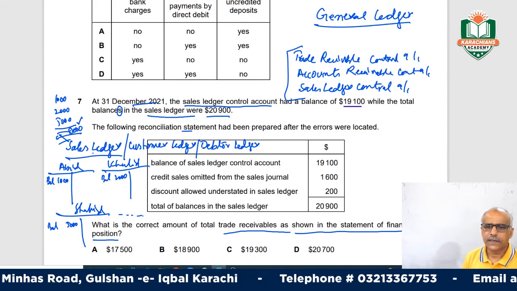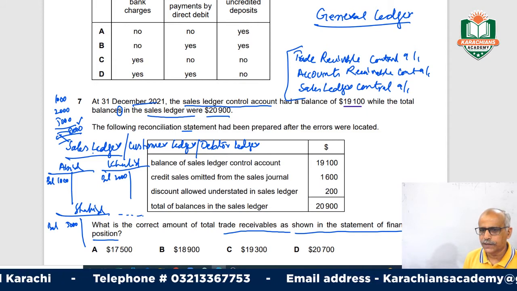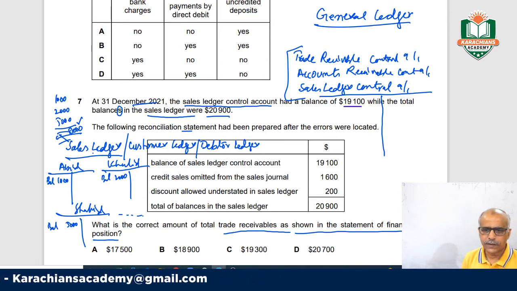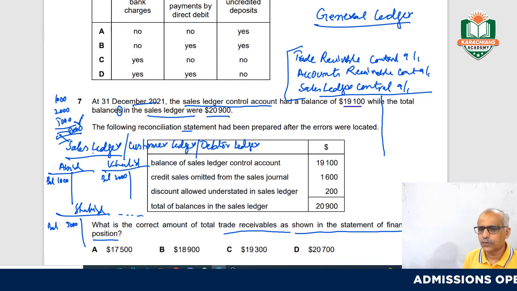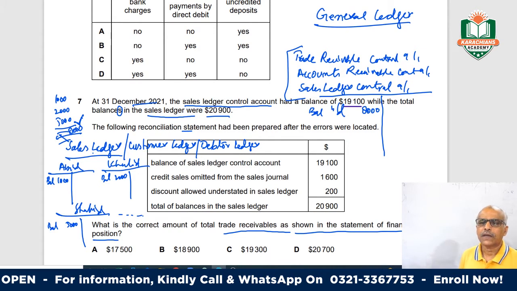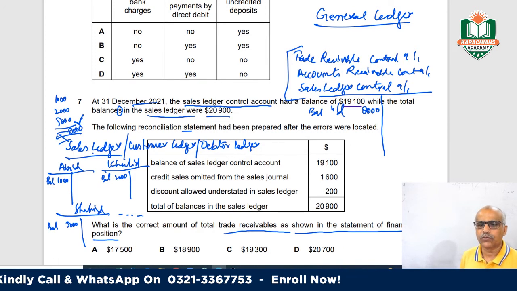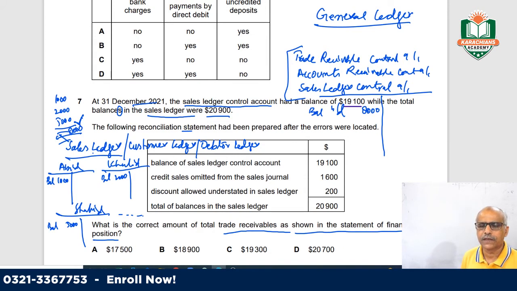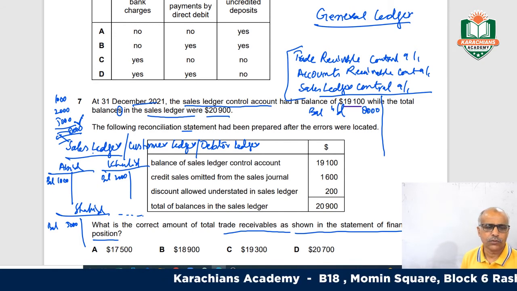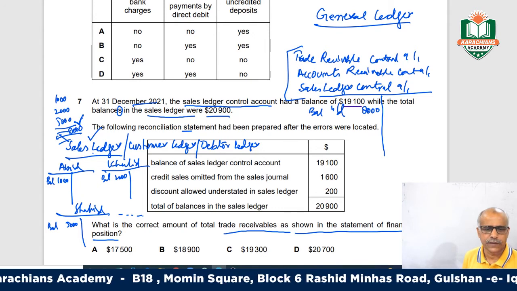In the general ledger you maintain only one account, and it appears in total as 8,000 opening balance b/d. So the trade receivables control account, or sales ledger control account, gives you the total figure and serves as a control over this sales ledger.